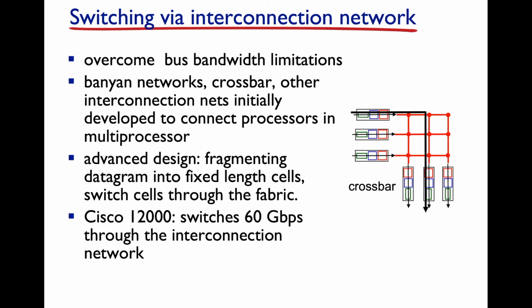And so we find that in computer networking, a lot of concepts that were used in parallel computing are making their way to computer networks, because after all, parallel computing has very fast substrates for exchanging data transactions quickly. And so you have a design, and you take your datagram, you segment it into fixed length cells, as they're called, and these are switched through the fabric. And they can get much, much higher bandwidth in addition to having multiple concurrent paths between inputs and outputs.